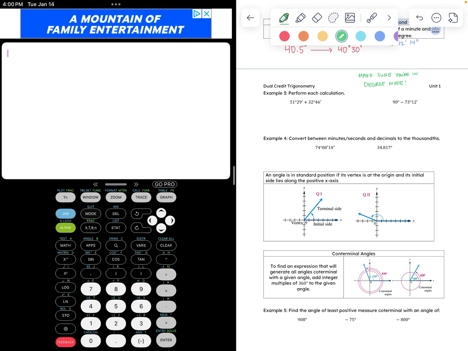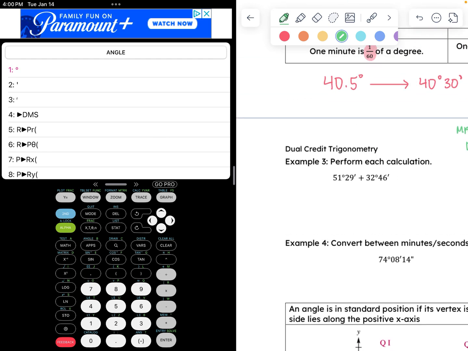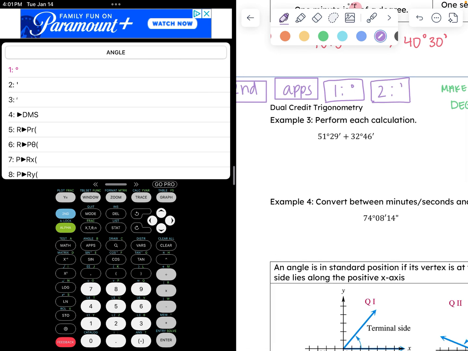And then what we're going to do is hit second and then apps, and it's going to open up the angle menu. And you can see that the first option is the degree symbol and the second option is the minutes symbol. So I can use those to help me do the first part of example 3.